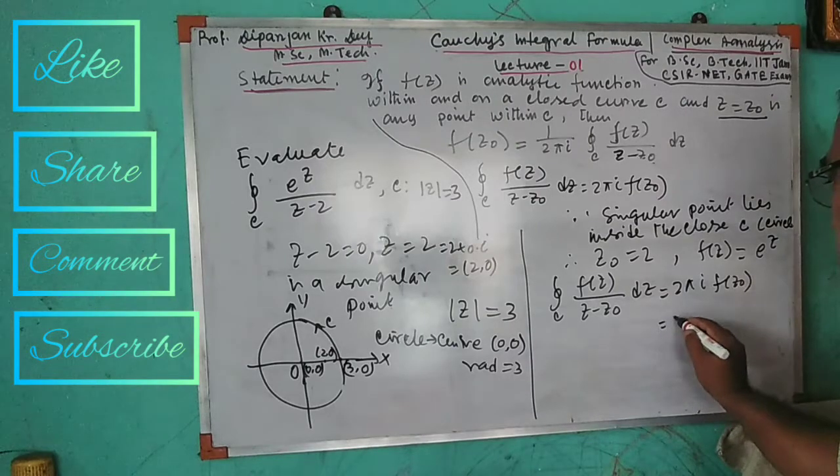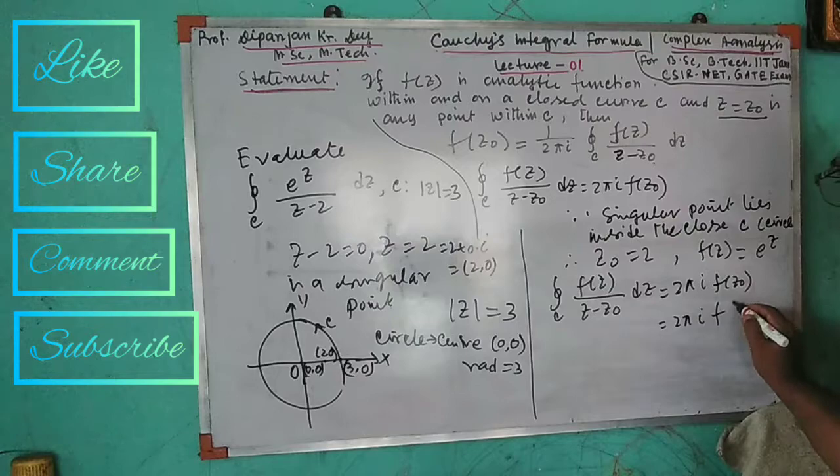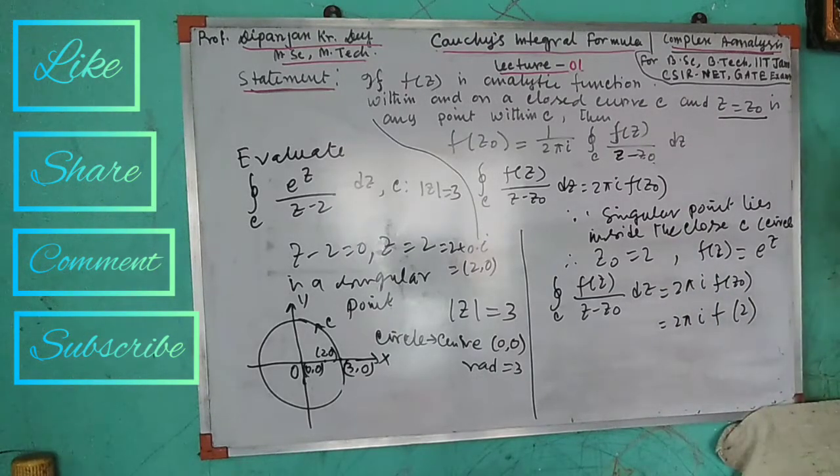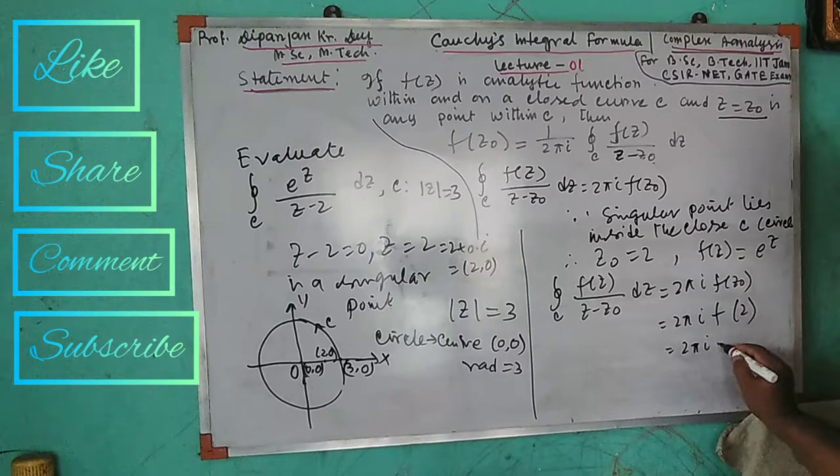So 2 pi i into f(z0), where z0 is 2, the only singular point, inside the circle. Now what is f(2)? That is e to the power 2. So the result is 2 pi i into e to the power 2.